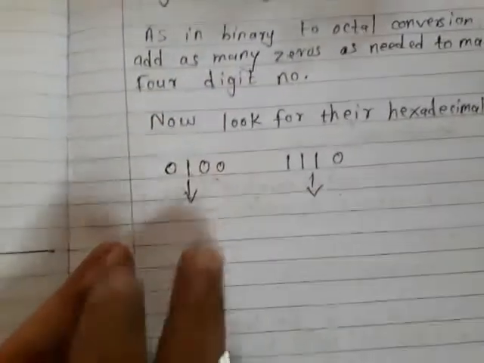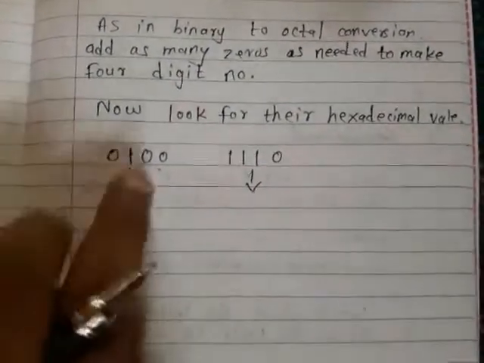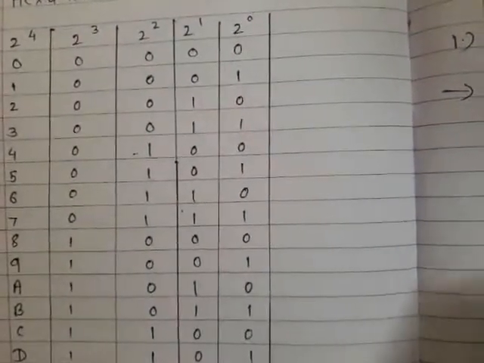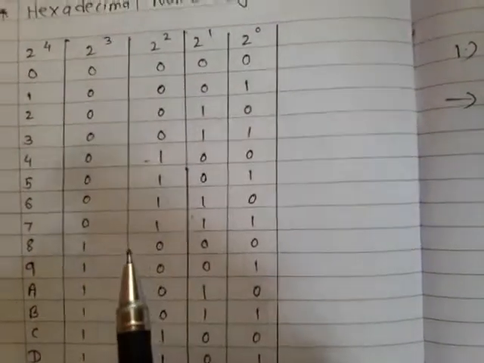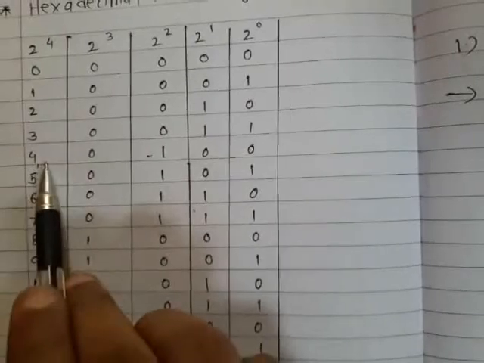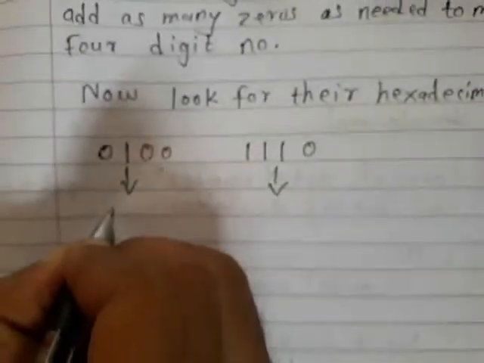Now search the number in hexadecimal number system. Now 0100. Now see in hexadecimal, where is this number 0100? Where is this number? In fourth group. See here on fourth group 0100. Now we will write here fourth.